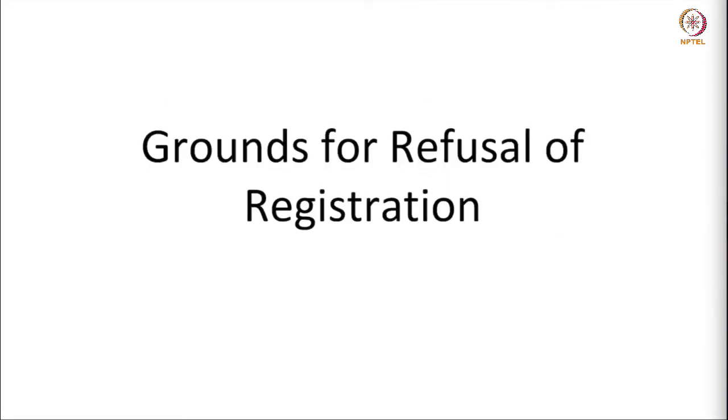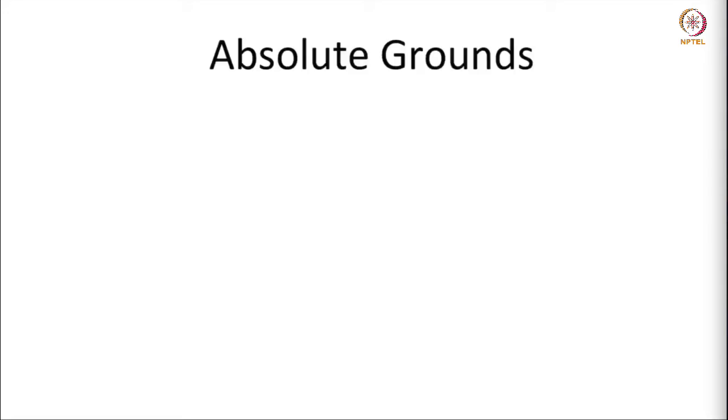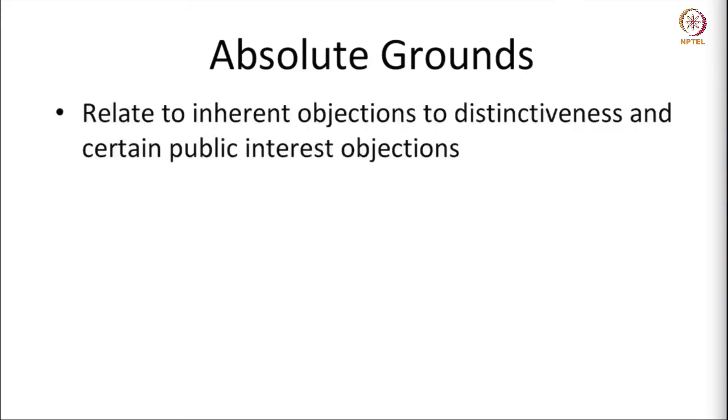When an application is filed seeking a trademark, the registration could be refused on certain grounds. The absolute grounds on which a registration can be refused relate to inherent objection to distinctiveness and certain public interest objections.